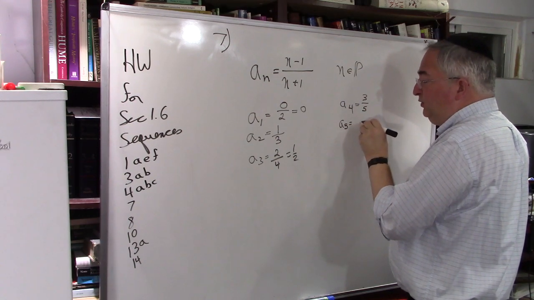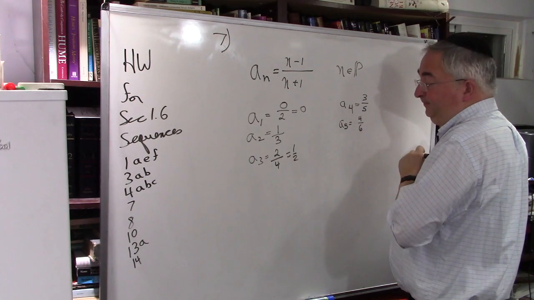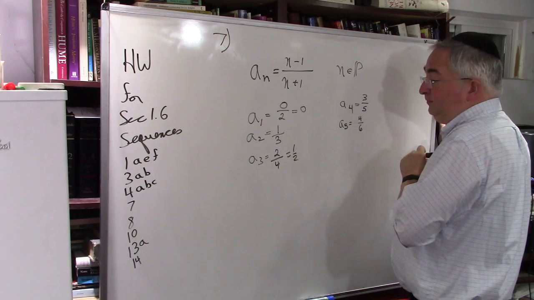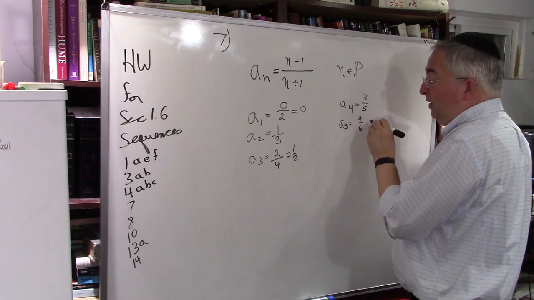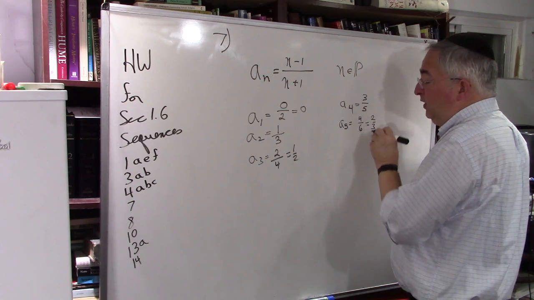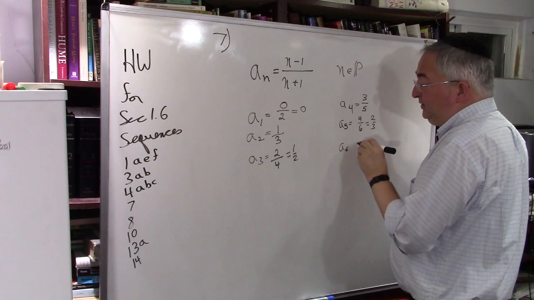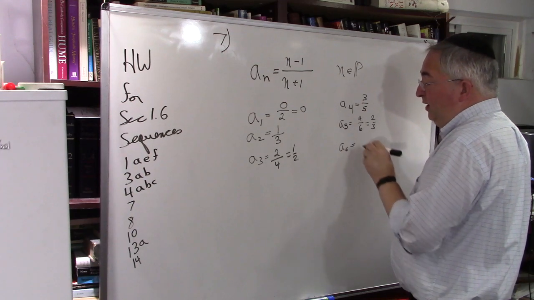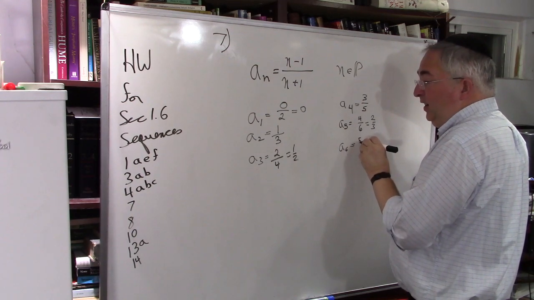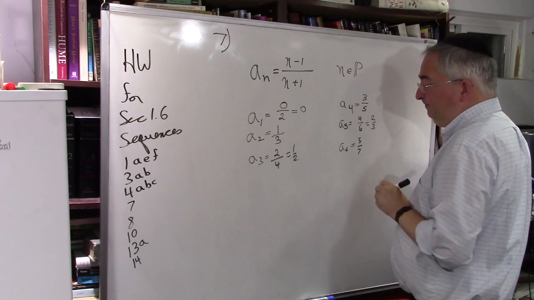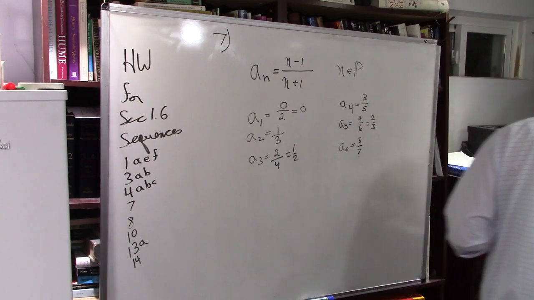A5 is equal to 4 over 6. That's 2/3. And A6 is equal to 5 over 7. Okay, sounds good.